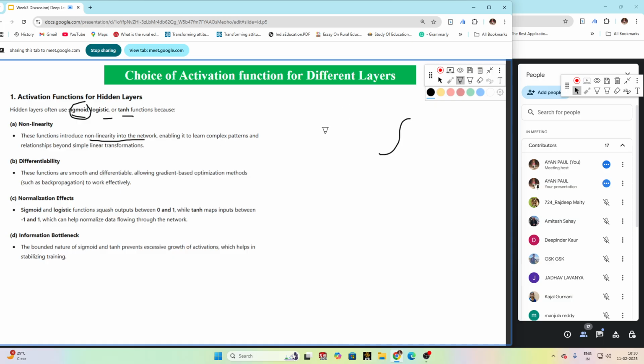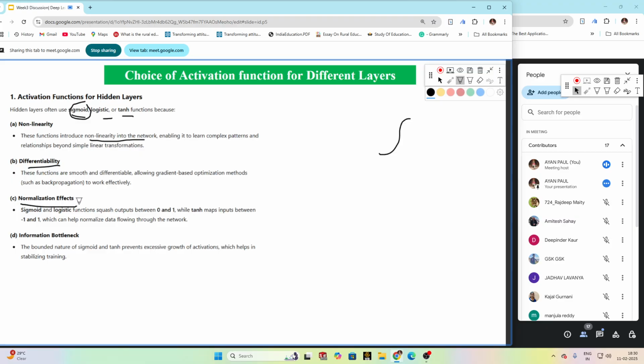Unlike your step function, which has some points at which the function is non-differentiable, the sigmoid function doesn't have this constraint. Why do we want differentiability? Because whenever we apply gradient descent, we want the function to be differentiable, otherwise we cannot use the gradient descent algorithm. So differentiability is another factor.